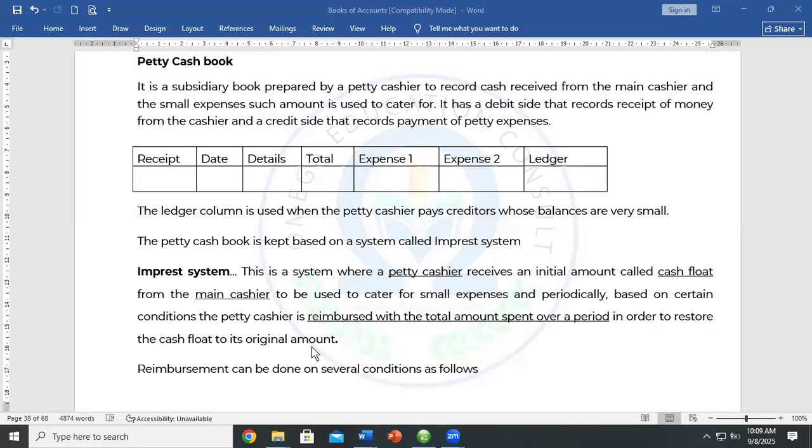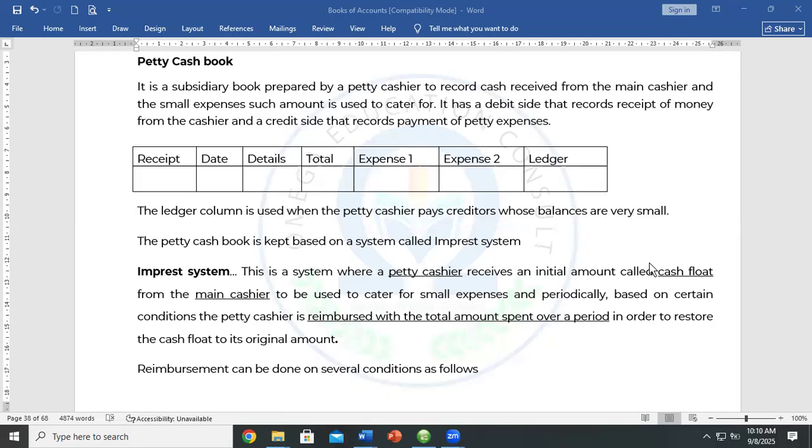Now, some of your parents are not implementing this system well. What they do is that, for example, they give you 100 cedis. When you go to school, you spend the money. The next time they give you another 150. That is not the imprest system. The imprest system is operated such that you always have the fixed cash float in the system running.